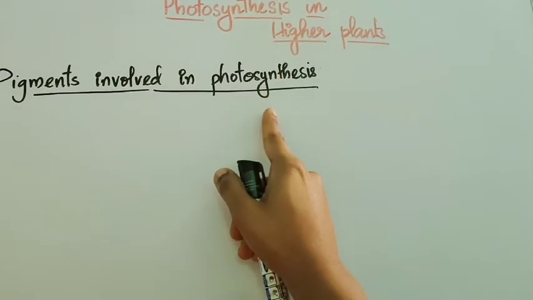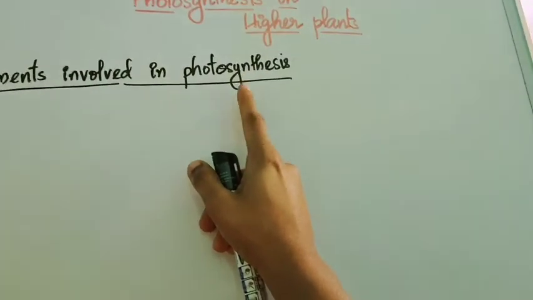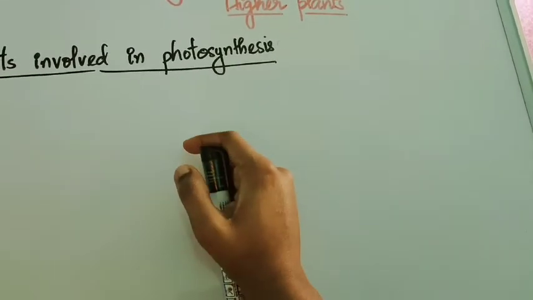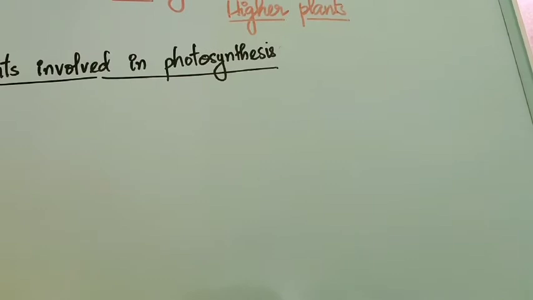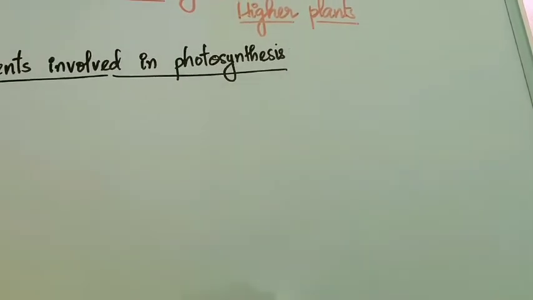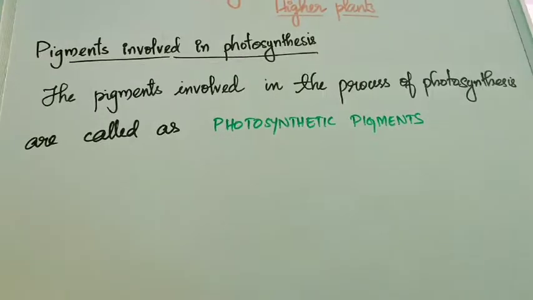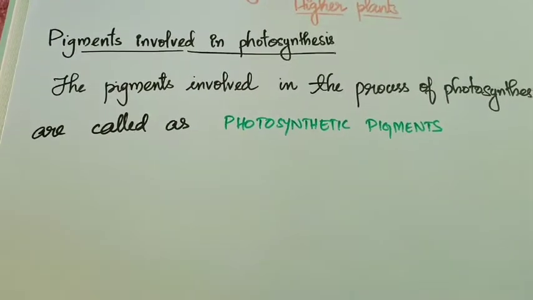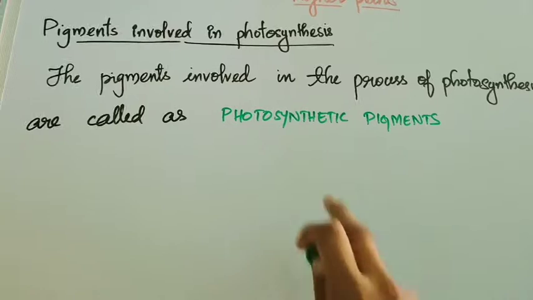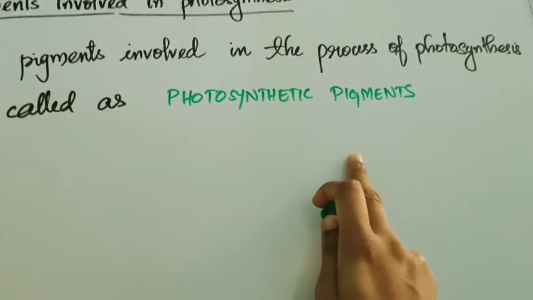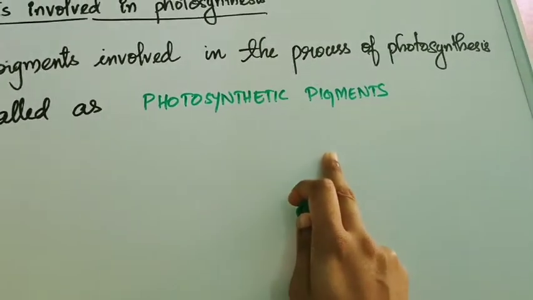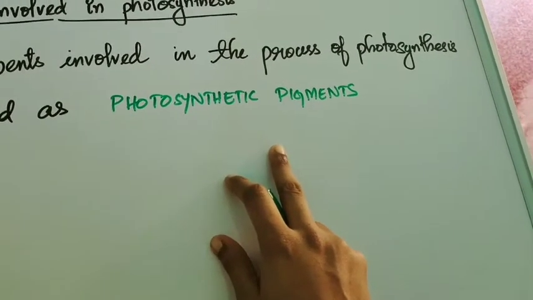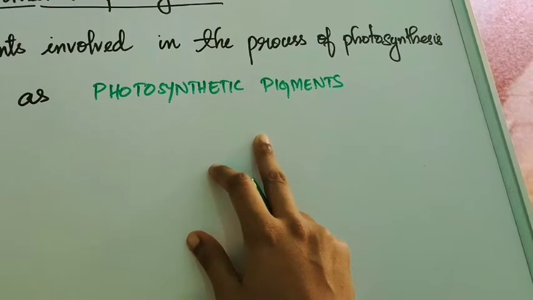So all those pigments which take part in photosynthesis, or we can say the pigments involved in the process of photosynthesis, are called photosynthetic pigments. These pigments provide different shades of green in the leaves of different plants or on the leaves of the same plant.